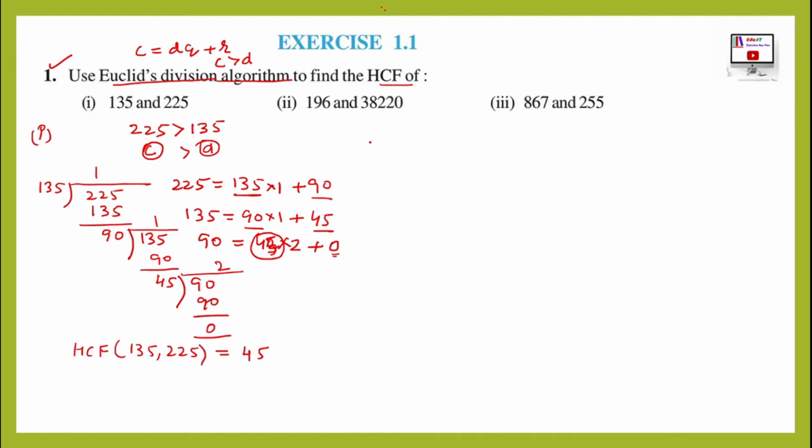इसी तरह से question 2 करेंगे. Now these two numbers are 196 and 38220.